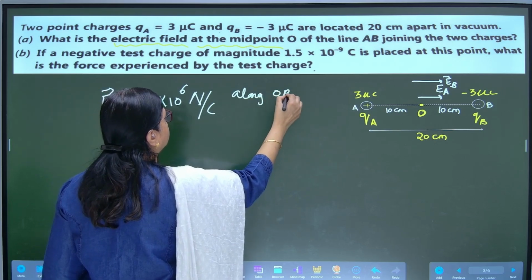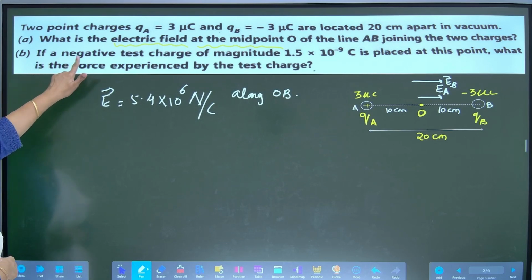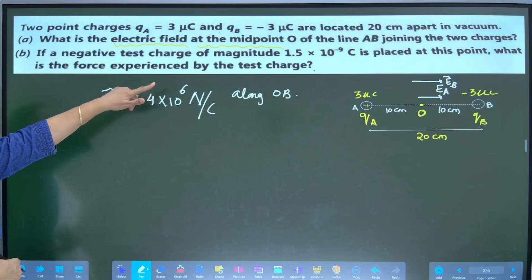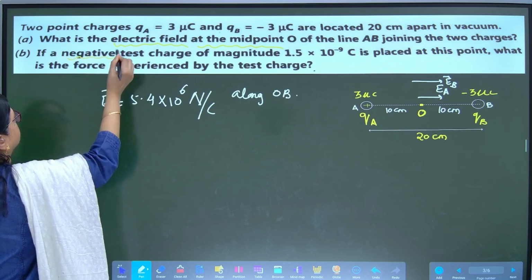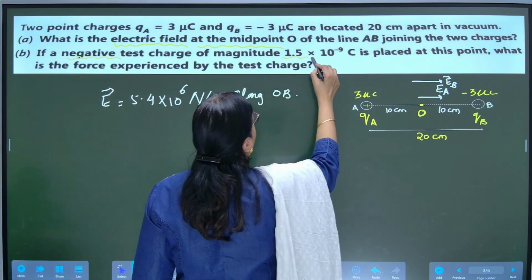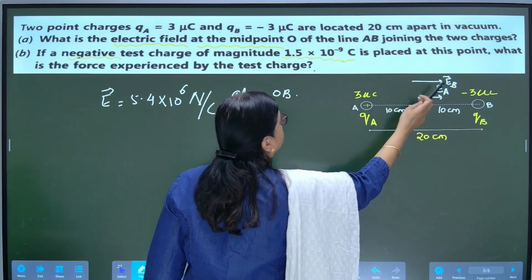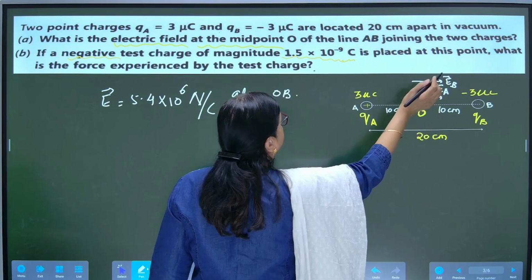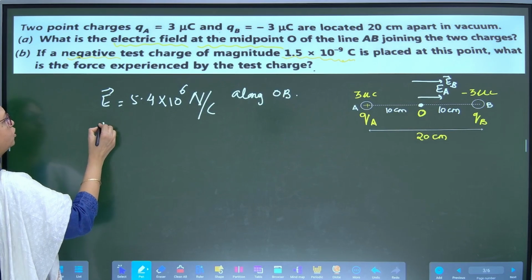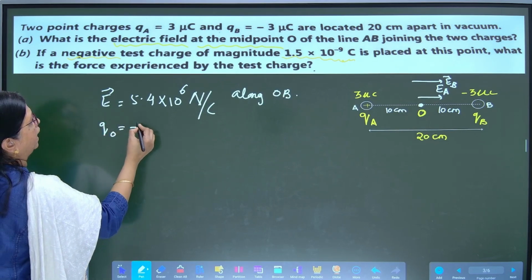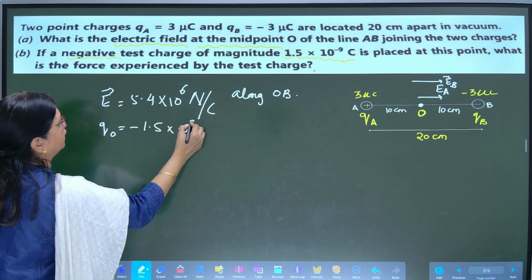Now they have given us another part of the question where they have asked: if a negative test charge of magnitude 1.5 into 10 raised to minus 9 coulomb is placed at this same point, what is the force experienced by this test charge? So let us take the test charge as Q naught equal to negative 1.5 into 10 raised to minus 9 coulomb.